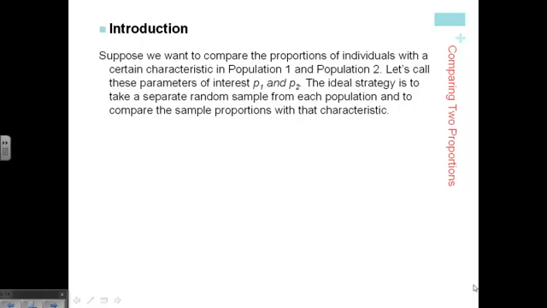Oh, P1, the proportion of the females who were late. Amongst population 2, I've got P sub 2, the proportion of the males who were late to school. Okay? So we're studying some aspect, categorical in nature, about distinct populations.